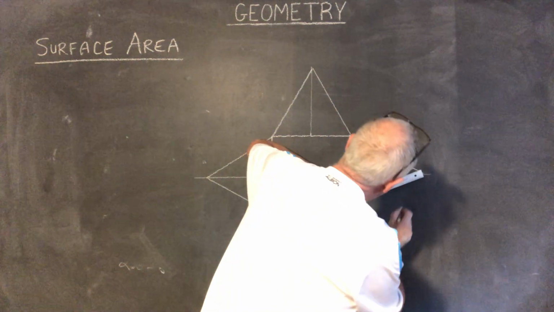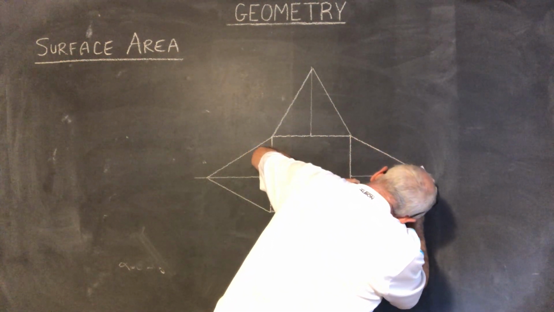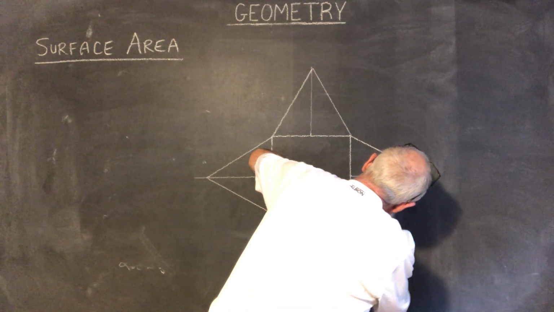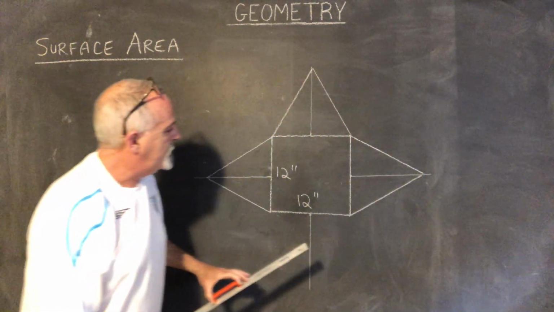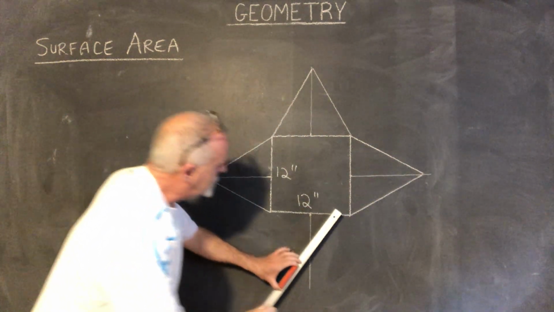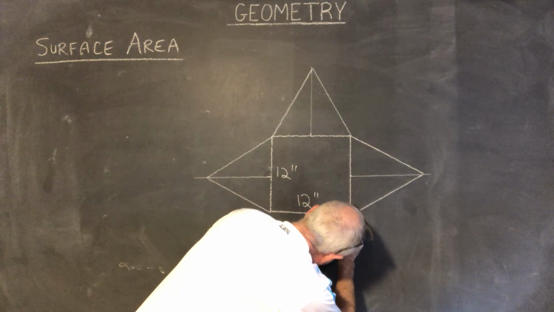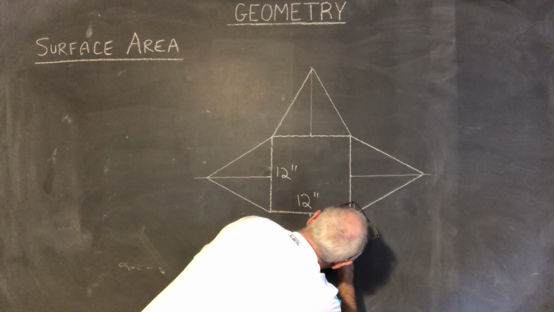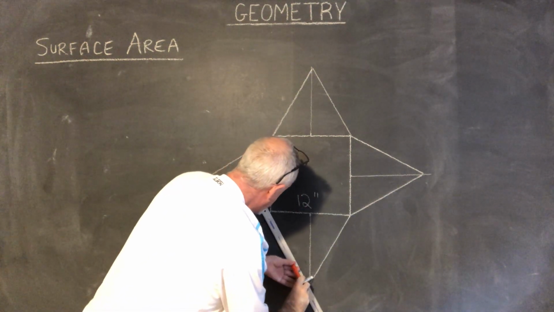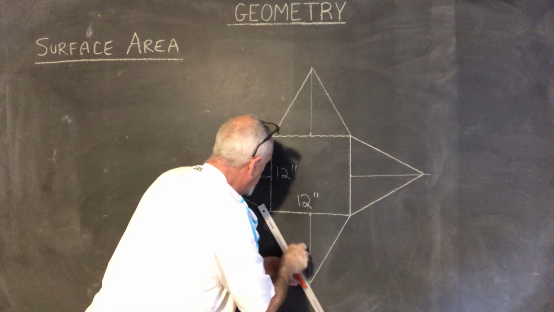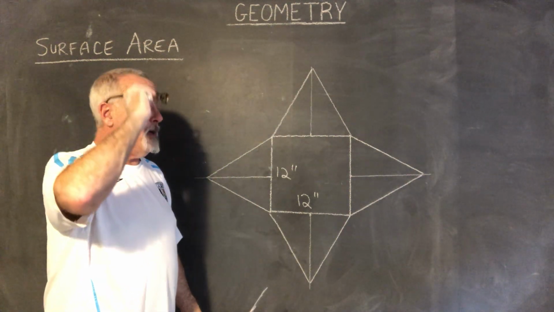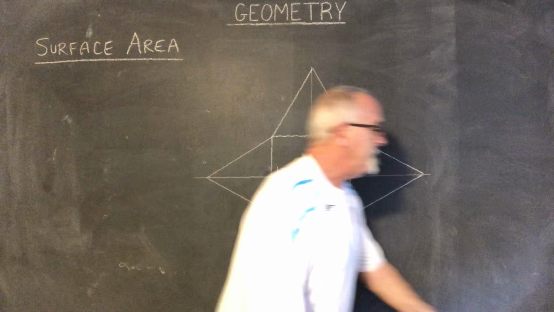I'll just draw one. 12 inches. This one not drawn as well. That vertex is a little bit wonky. 12 inches. And finally, this one, and we have drawn a net, a little bit crooked that line, we have drawn a net of a square-based pyramid.